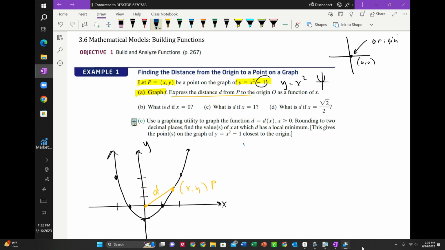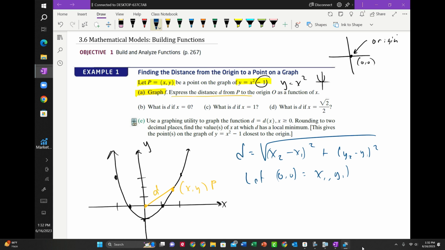If we remember our distance formula, it was x2 minus x1 squared, the difference in the x coordinates, plus the difference in the y coordinates squared, and then the square root of that. So we will let 0, 0 equal x1, y1, the O for the origin, and we'll let the generic point P be x2, y2.